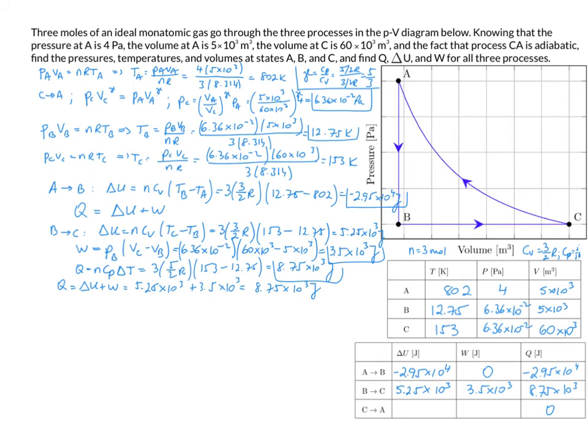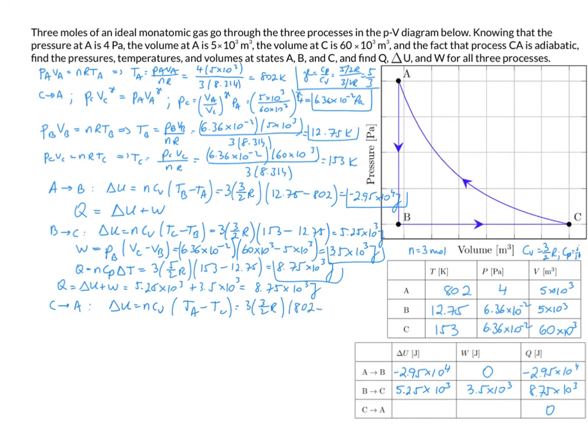Now, from process C to A, for change in internal energy, delta U is nCV delta T. So delta T is temperature at A minus temperature at C. So that's 3 times 3 halves R. Temperature at A is 802 Kelvin.